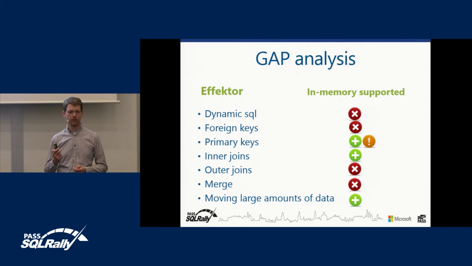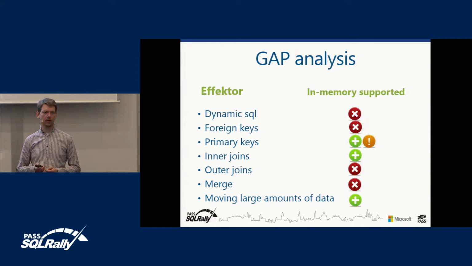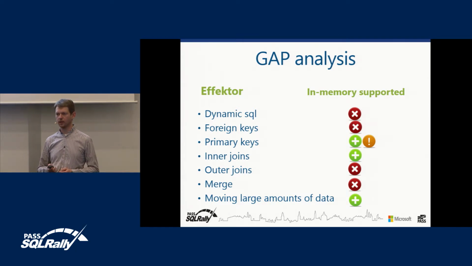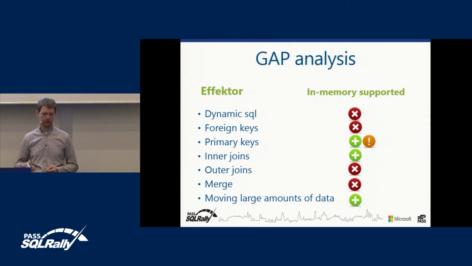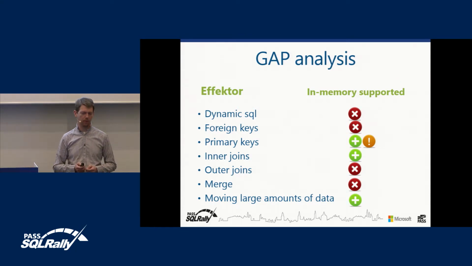If you're using just the tables, that works. If you're using natively compiled stored procedures, you can't do that because a sequence is a disk-based object, and natively compiled stored procedures can't reference disk-based objects. They can only reference memory-based objects. So that's why there's a small exclamation mark on that one.